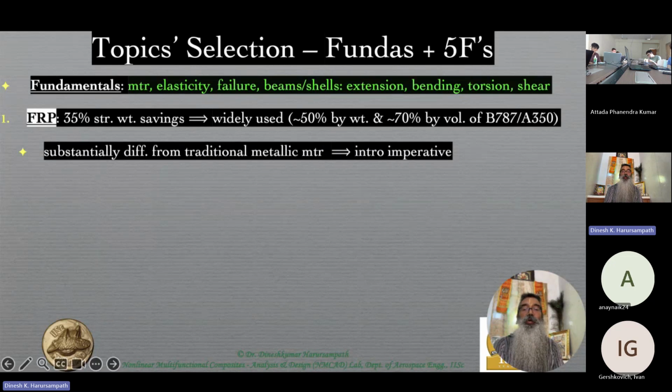To quantify that, to get a feel for the kind of savings that we have, it could be as high as 35% in the overall structural weight. So we're not talking of the payload, we're not talking of the fuel, we are not talking of the other systems that might be on the aircraft. Purely the structural weight, it's a huge component of the overall aircraft weight.